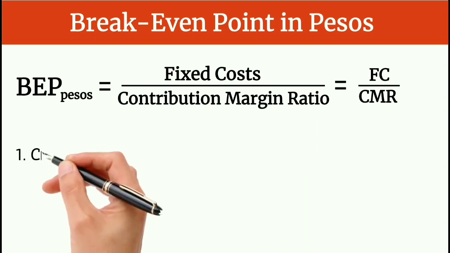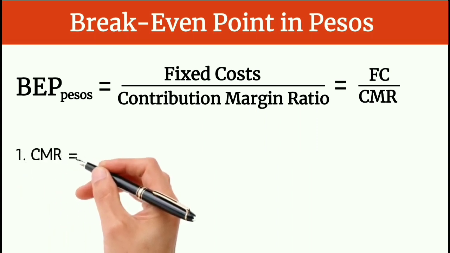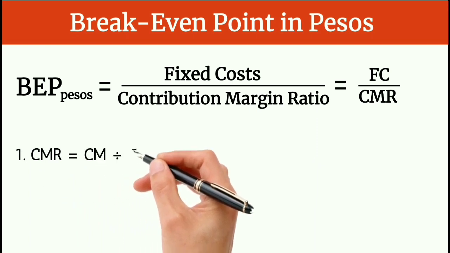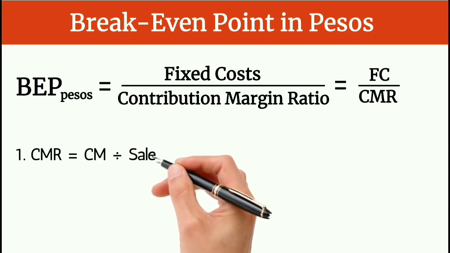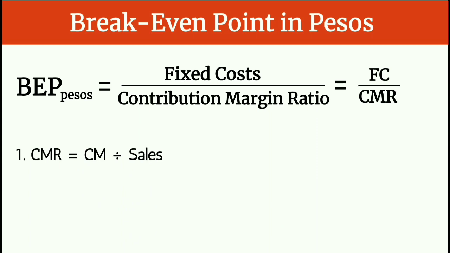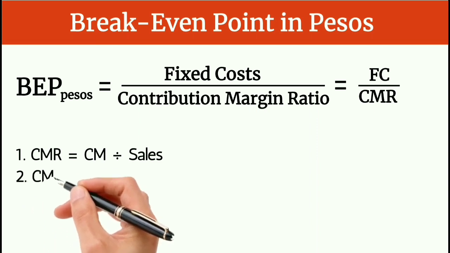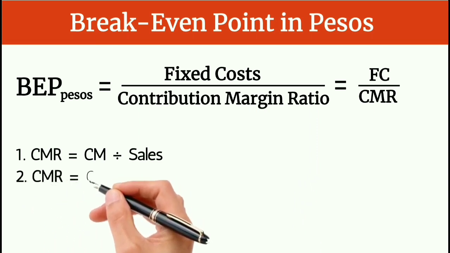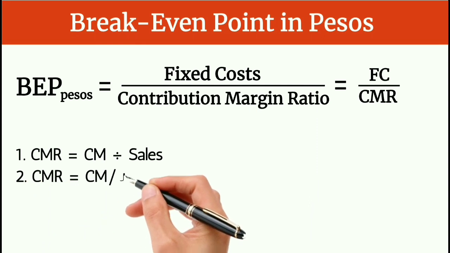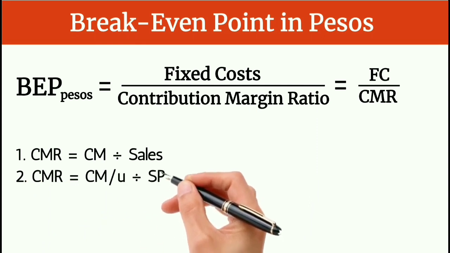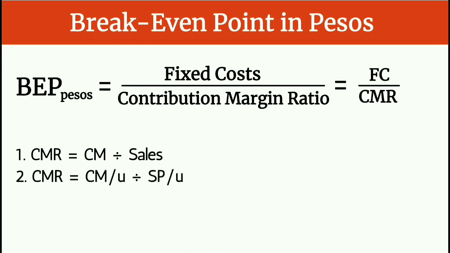First, CMR is equal to CM divided by sales. CM stands for contribution margin. Second, CMR is equal to contribution margin per unit divided by selling price per unit.